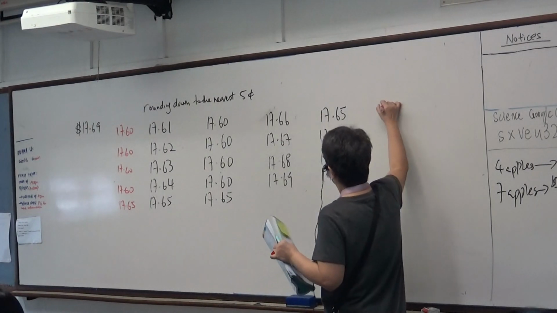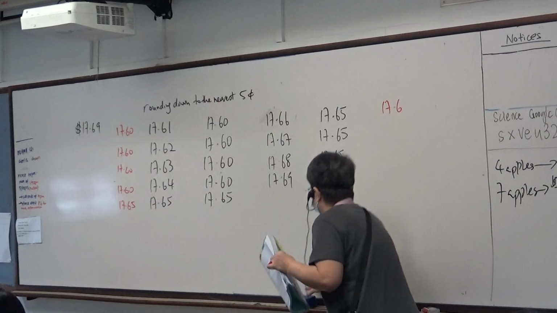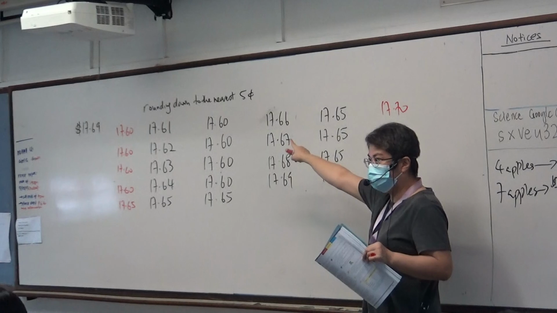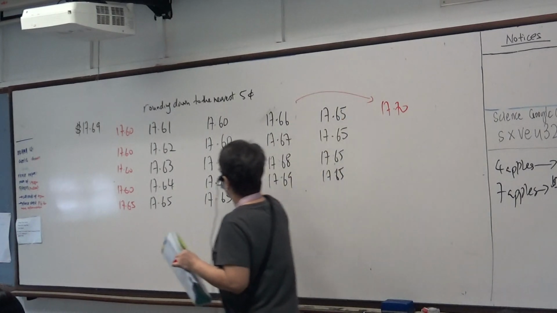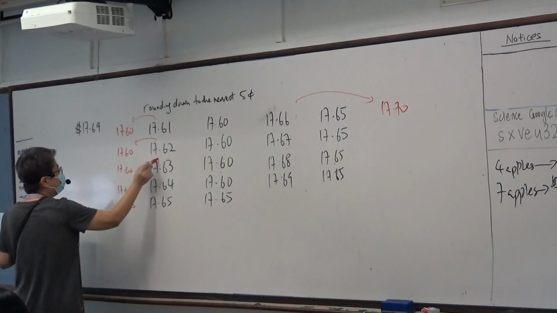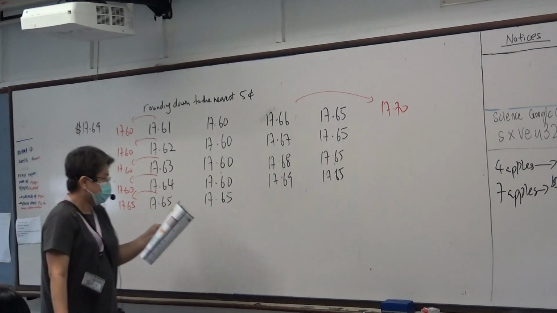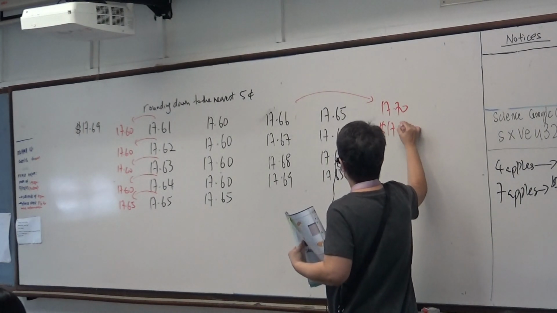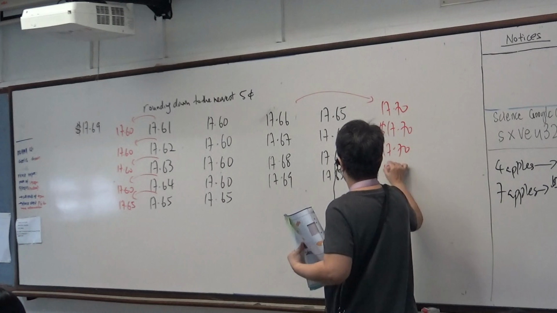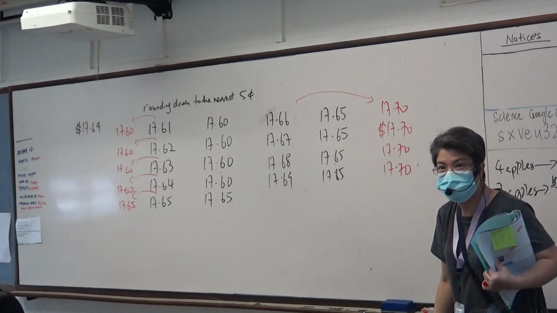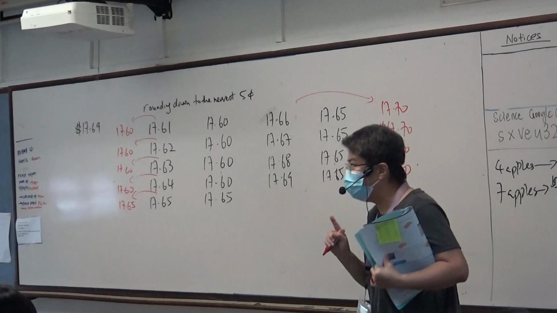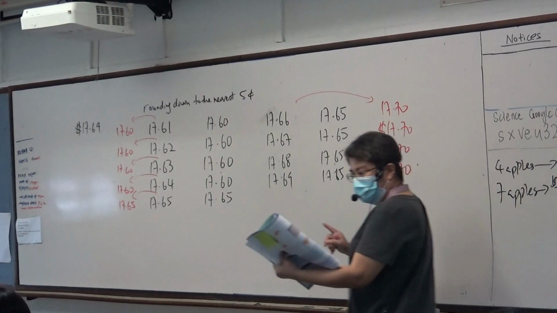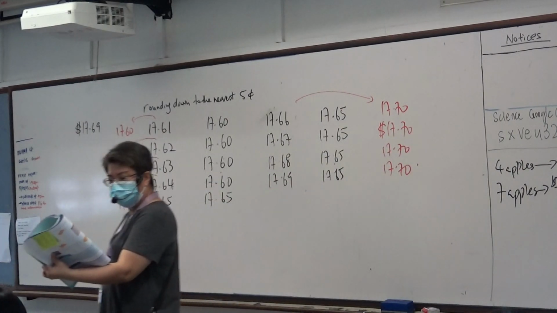This one will be 17.70, right? This one will become here, the nearest round off. Correct. How about here? Also 17.70. Agree? Correct. So that's the difference. Do you understand? Can you see it? Okay, so this is the difference.